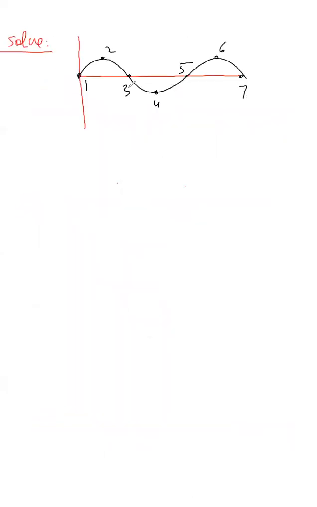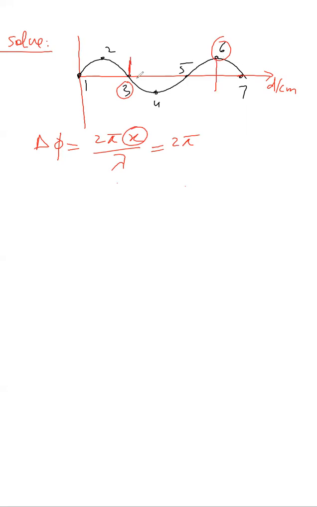So particle 3 is over here and 6 is over there. So first you've seen that the distance along x-axis is distance, so you would be using this expression, and then 2 pi, and then place of x. What is x? X is the distance between 3 and 6. So you have to tell this distance in terms of lambda.